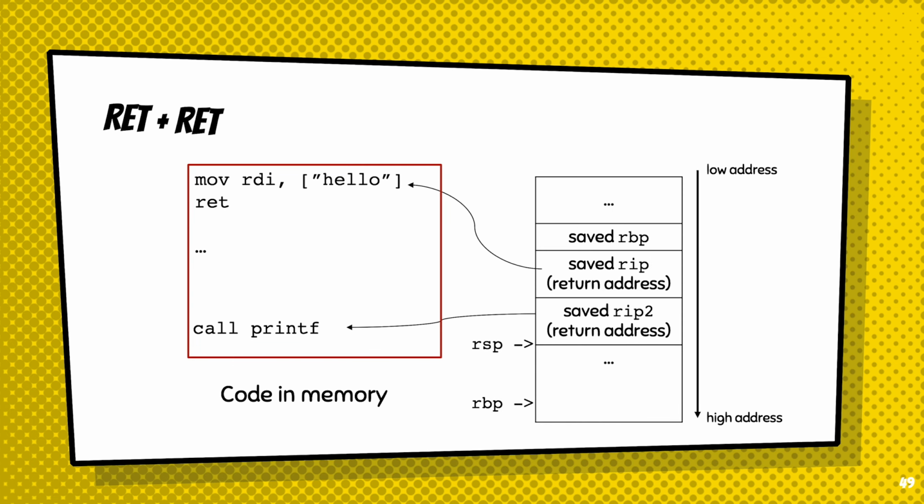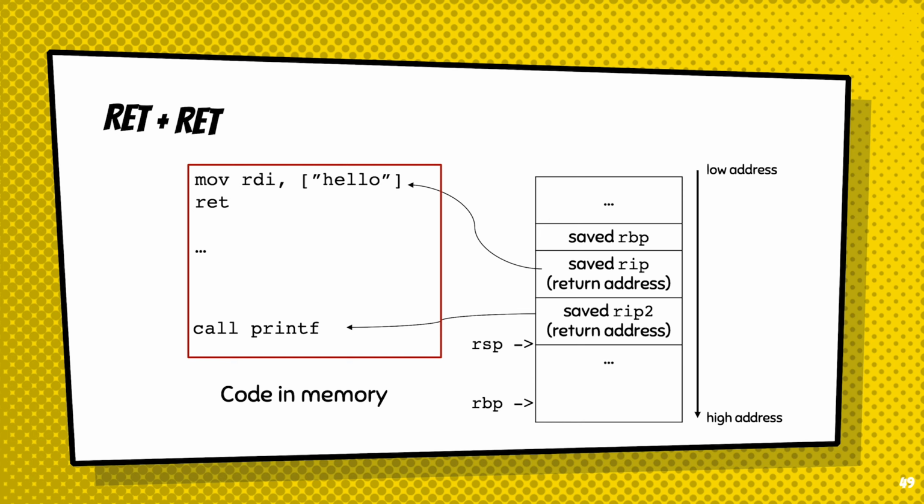Following this idea, if we make the first saved RIP point to a location that has some operation, but ends with a return, then after those operations such as a move statement, it will then pop the return address from stack and then move it to RIP again.